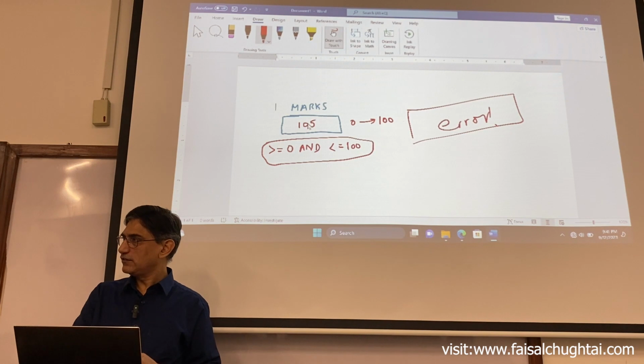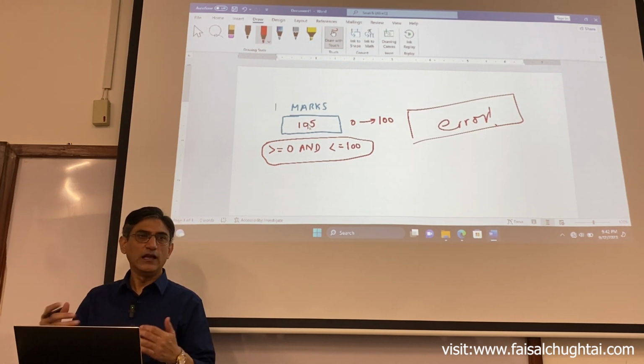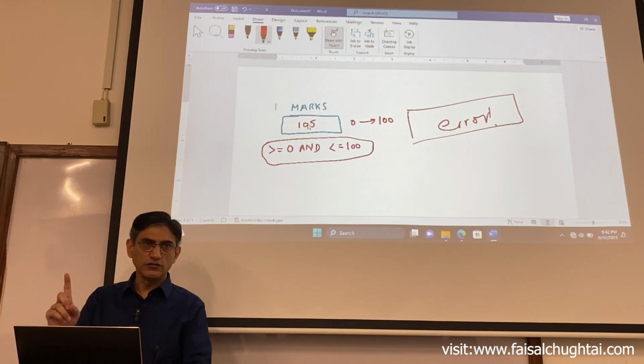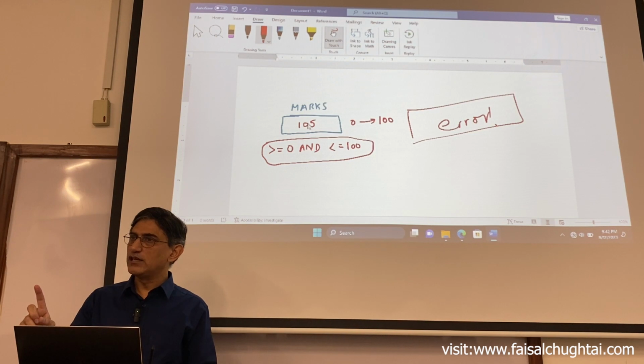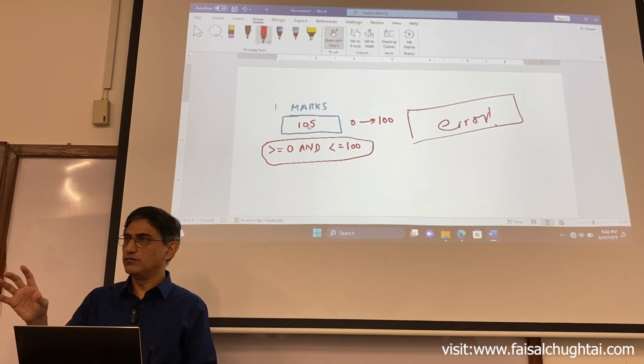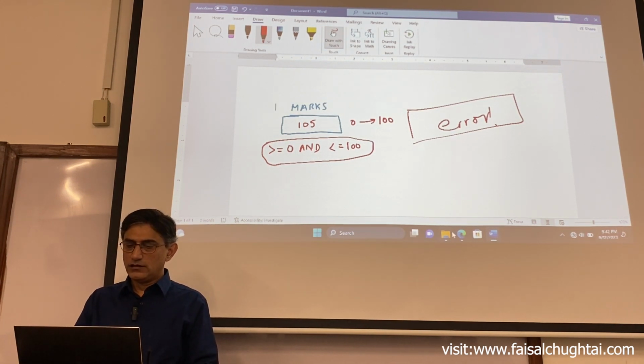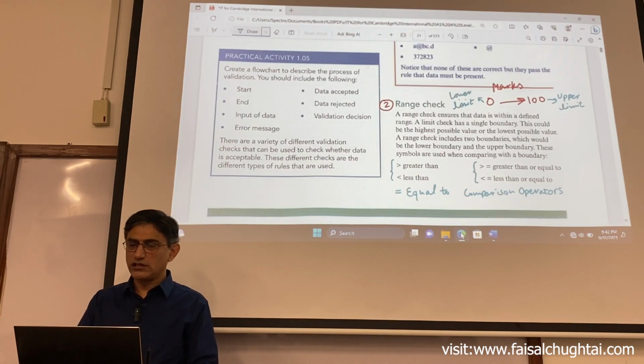So you correct it, make sure you put in the correct data according to what is acceptable, and then you move on. What did the validation rule do here? It made sure that incorrect data is stopped from being entered into the system. Are you getting this? Okay, good. So this is what a range check is all about.